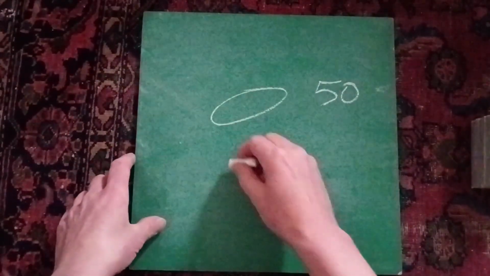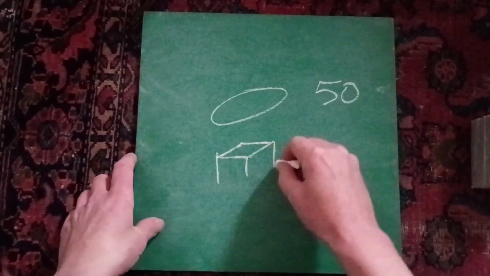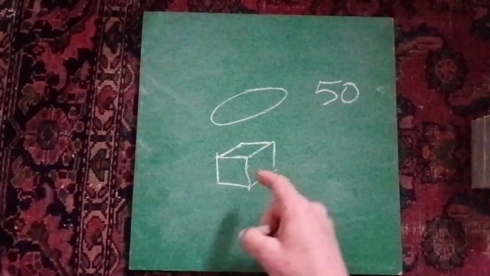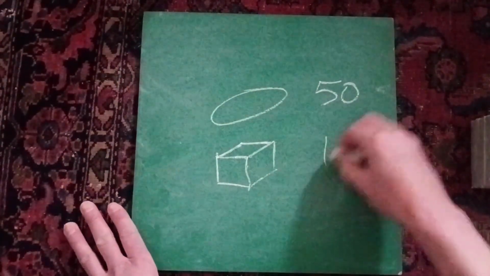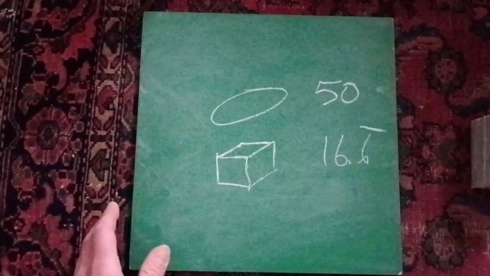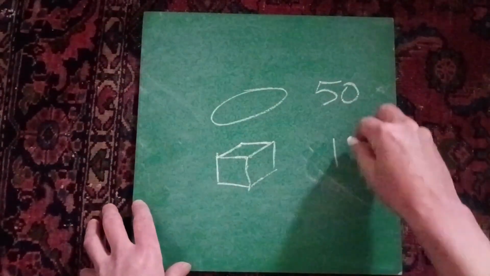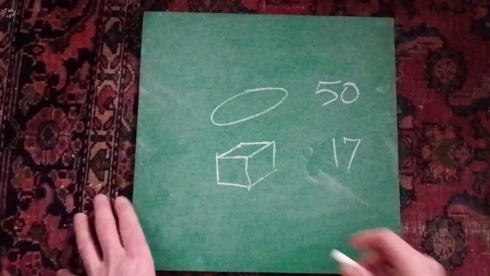Then if you have a six-sided die like this, no, a regular old die, it's a 1 in 6 chance, which comes out to 16.6 repeating. Or I just call it a 17. You know what I mean.